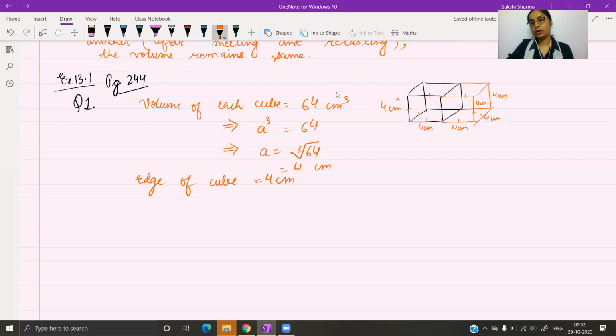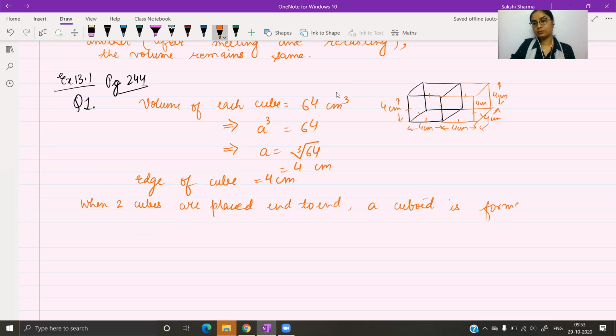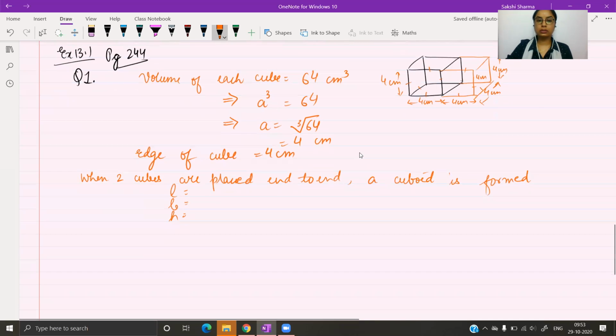This should help you now identify the length of the resulting solid, the breadth of the resulting solid, and the height of the resulting solid. You can write down what will be the length, breadth, and height for the cuboid so formed. The length will be 4 plus 4, 8 centimeters. Height and the breadth remains same.